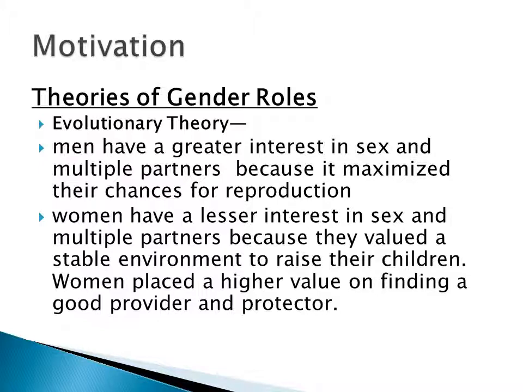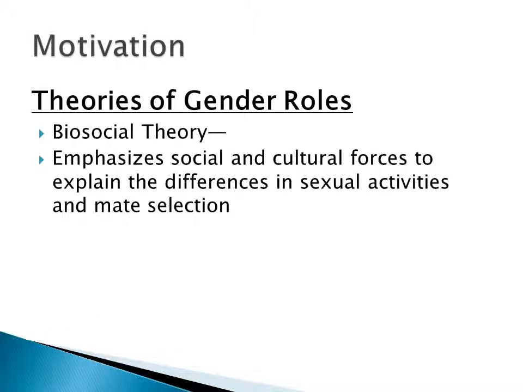Women place a higher value on finding a good provider and protector. In the biosocial theory, there is emphasis on social and cultural forces to explain the differences in sexual activities and mate selection.